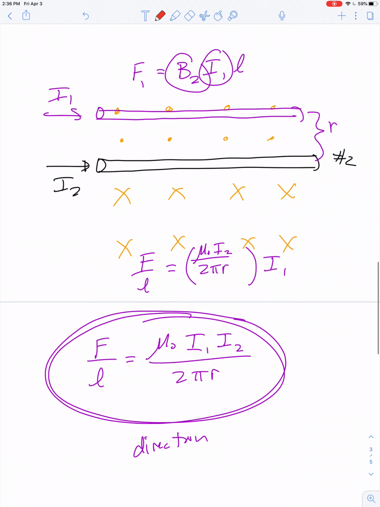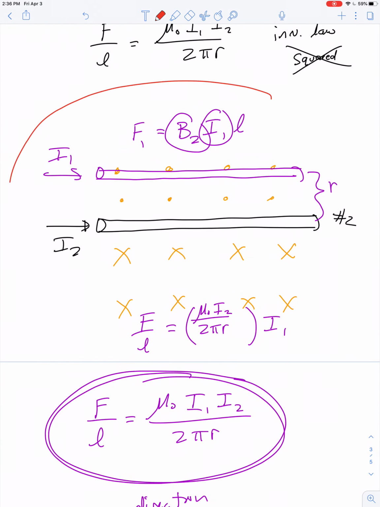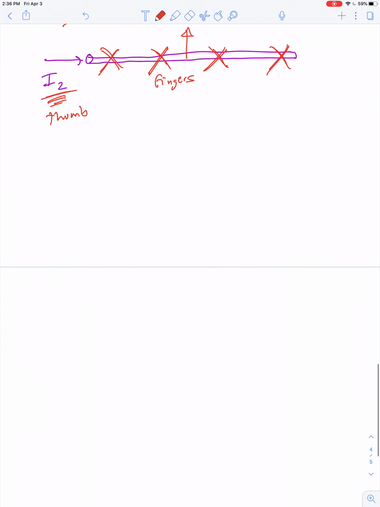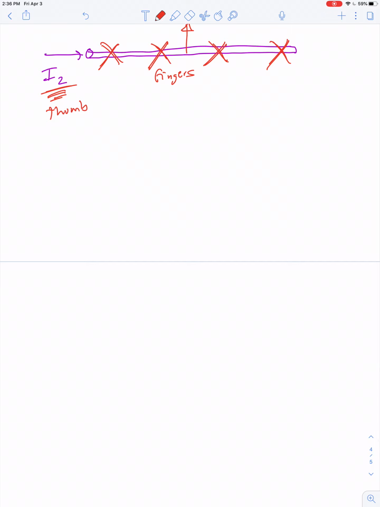Now let's just see if we agree that it would be attraction if we take the other look at this, that no, it's wire number 2 that's creating the magnetic field and wire number 1 is the one that feels the force. So one more time, let's draw this picture.